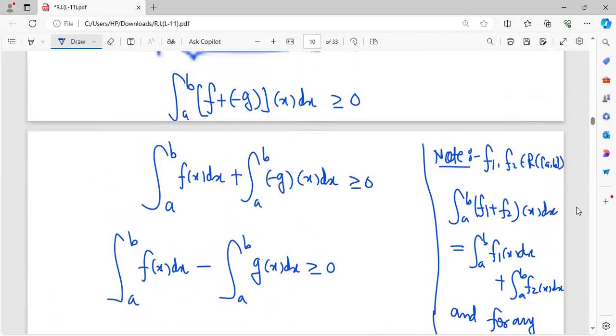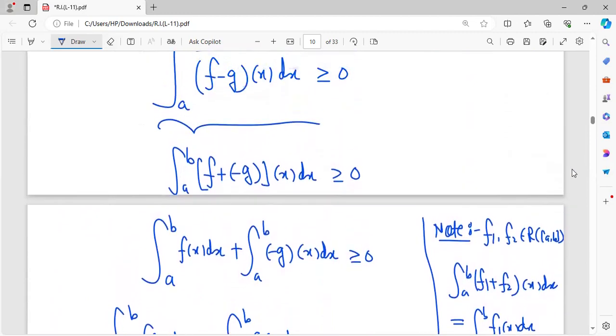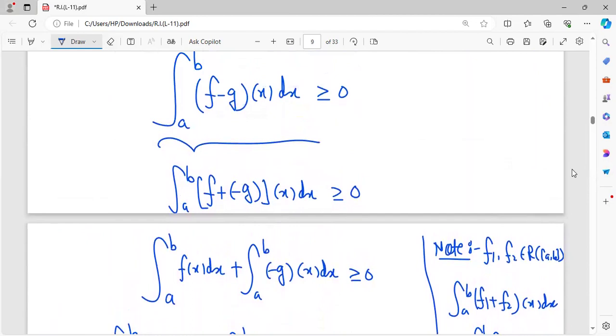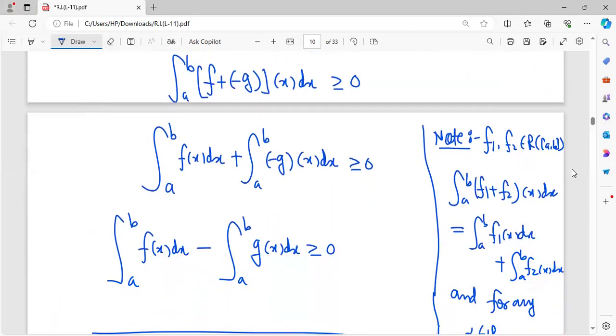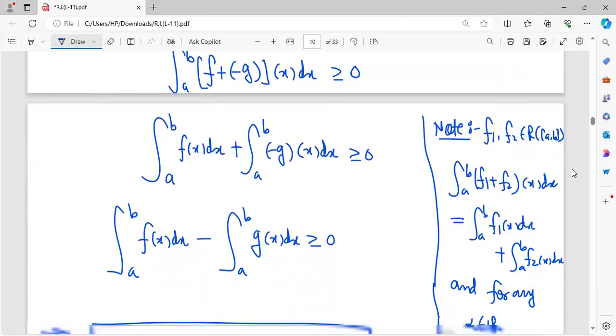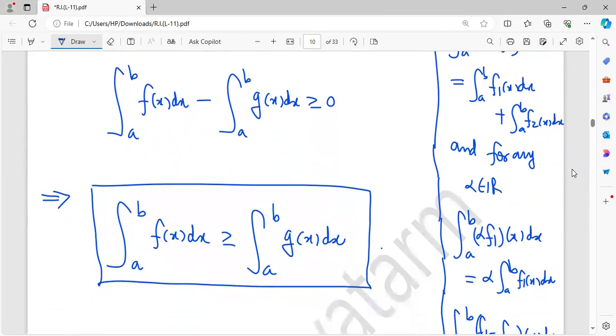So we can write directly the integral from a to b of f minus the integral from a to b of g, and we can bring the minus integral of g to the right hand side, and we are done. So this proposition is also done.